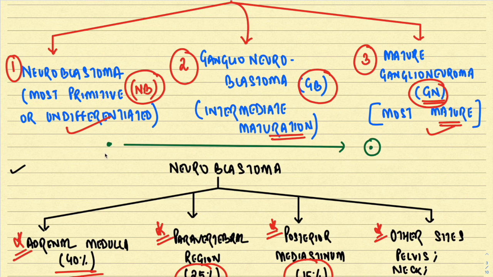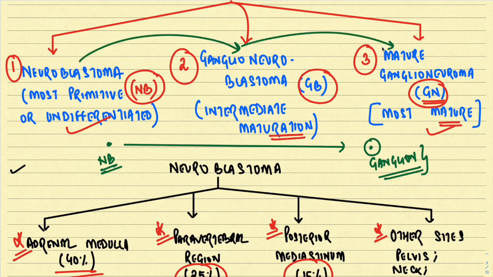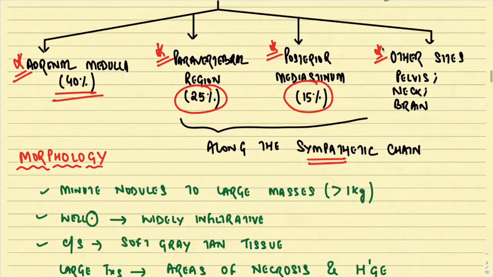These cells which are the most undifferentiated are called the neuroblast, whereas the most mature cells which are derived from the neuroblast are called the ganglion cell. So the more the ganglion cells, the better the prognosis. And as you go from neuroblastoma to ganglioneuroblastoma to mature ganglioneuroma, you are going to have more ganglion cells. More will be clear later on in the lecture.